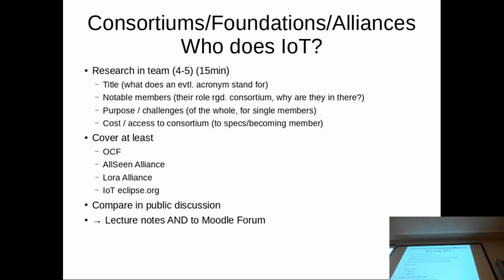As far as I recall, it's a very similar set of companies which are in the AllSeen Alliance. And the AllSeen Alliance is a little bit stronger influenced by Microsoft, if I recall that correctly, because AllJoin is one of the frameworks pushed by Microsoft, and it runs on the IoT Core platform from Microsoft.